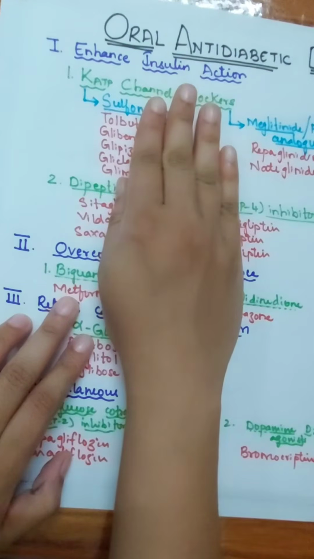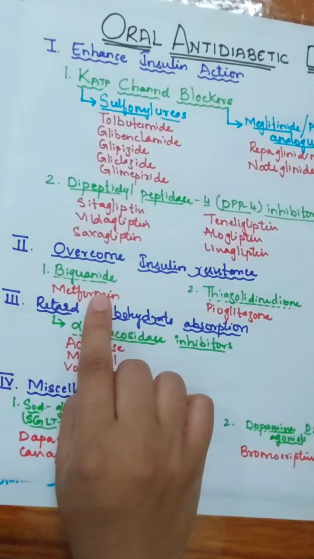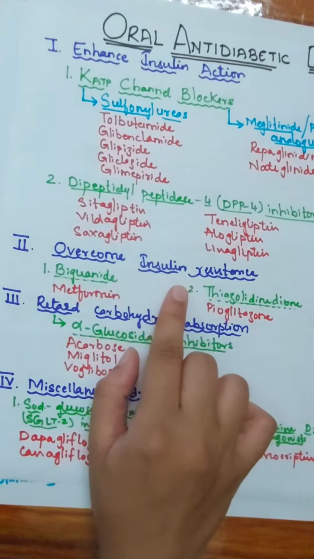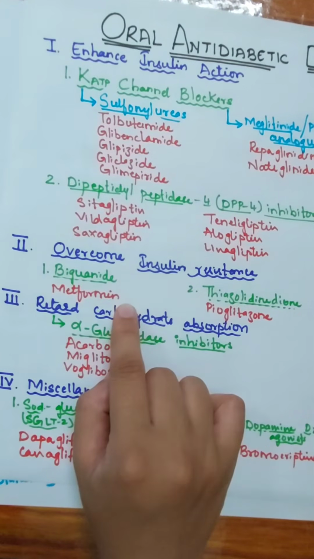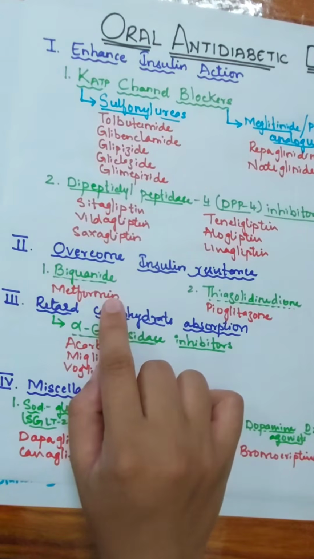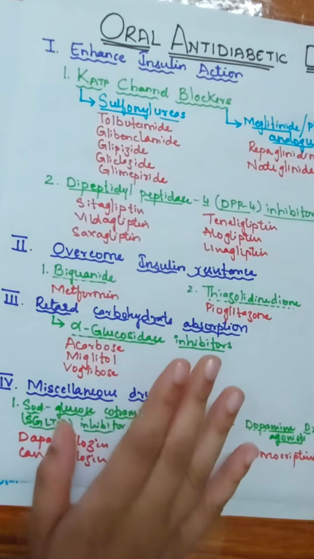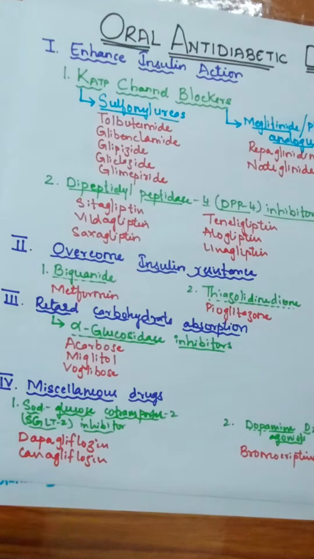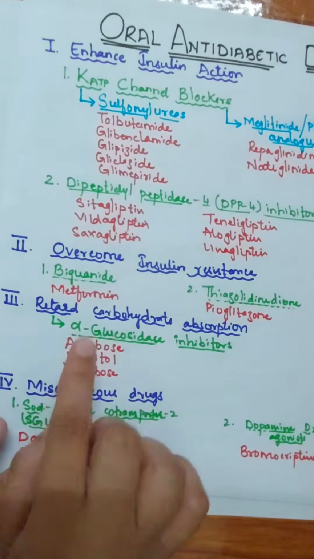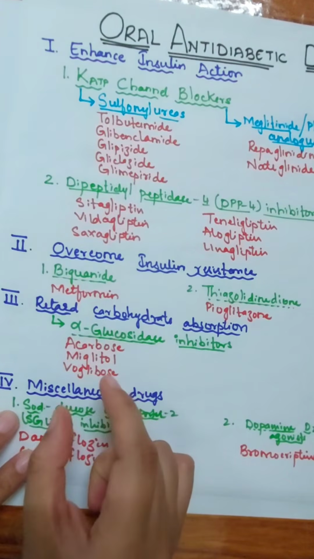The first class of drug would increase the insulin release, but this will overcome the insulin resistance, it will increase the insulin utilization, you can say. And the main advantage of these Biguanides is that it will not produce hypoglycemia, but it will produce euglycemia. A euglycemic condition will be there, and for this class of drug to produce its action, a little amount of insulin is required.